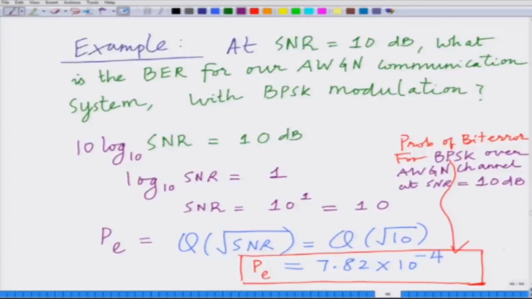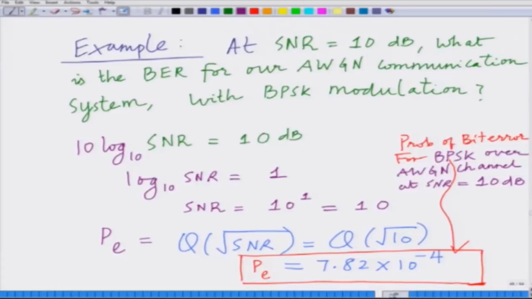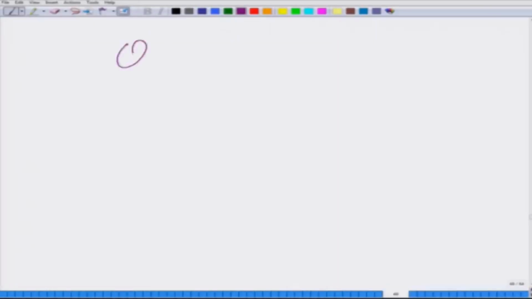Another convenient way to evaluate this, if we are not looking for the exact value but rather a convenient approximation for the Q function, is to use the bound Q of x is less than or equal to half e to the power of minus half x square.